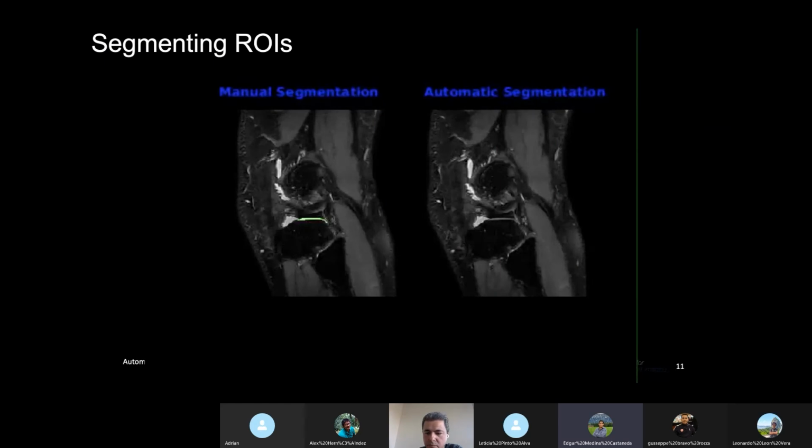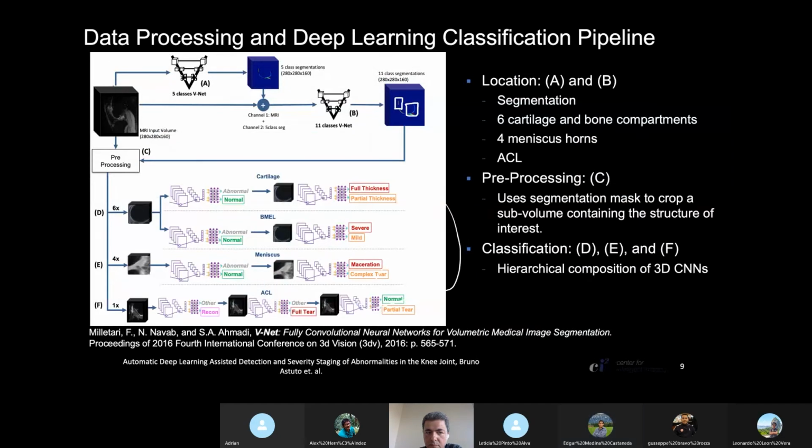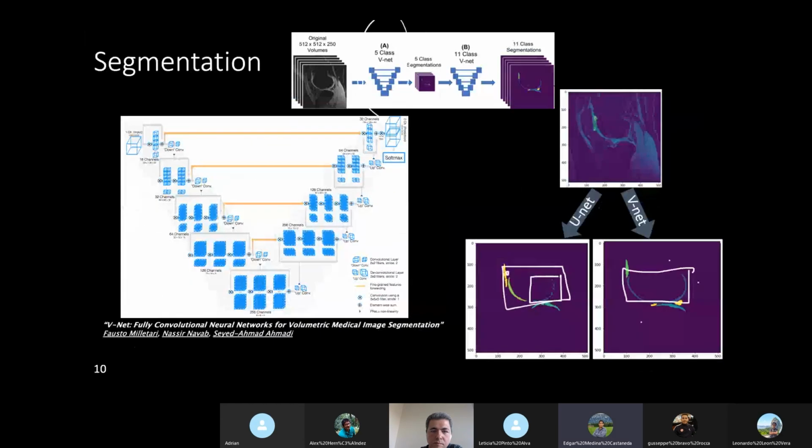Can you go to the slide with the two VNETs that are connected? Yeah, exactly. The previous one. No, the previous slide. In the figure with the two VNETs connected, my question is related to the training process. Have you trained both VNETs in parallel, or have you trained first one VNET and later the other one? No, separately.